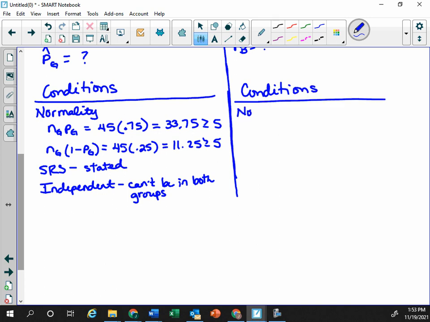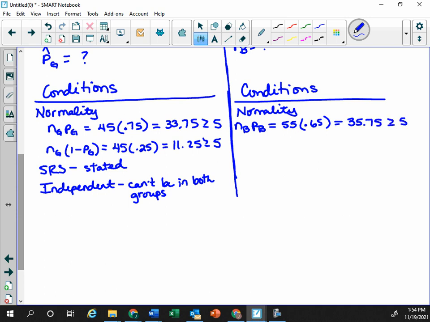So our normality on this side, this time N sub B times P sub B. What was our sample size for the boys' side? Yes, we've got 55 times, what was the proportion? 0.65. That is 35.75.